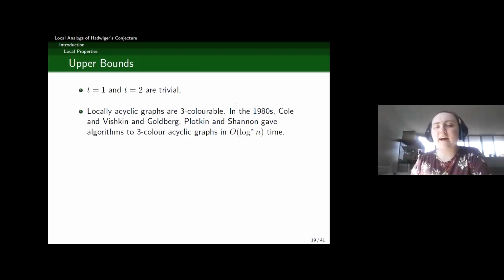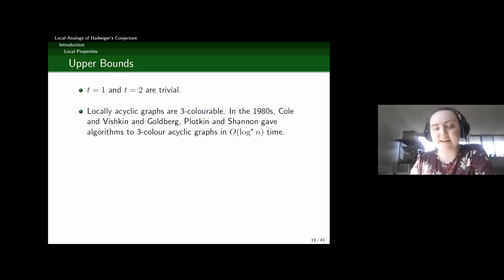In terms of upper bounds, for t equals 1 and t equals 2, that's trivial because the property of having no edges or no vertices is a local property. Locally acyclic graphs are 3 colorable. There are algorithms from the 80s that 3 color acyclic graphs in big O of log star n time.